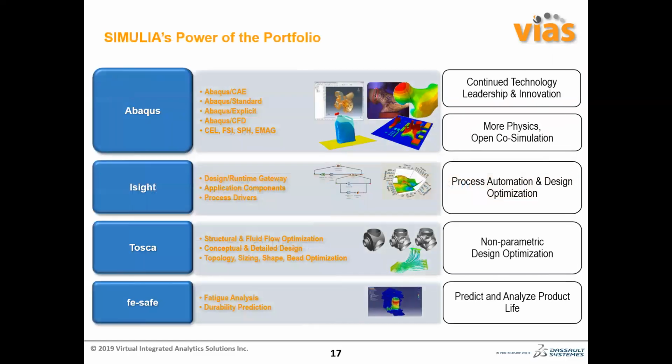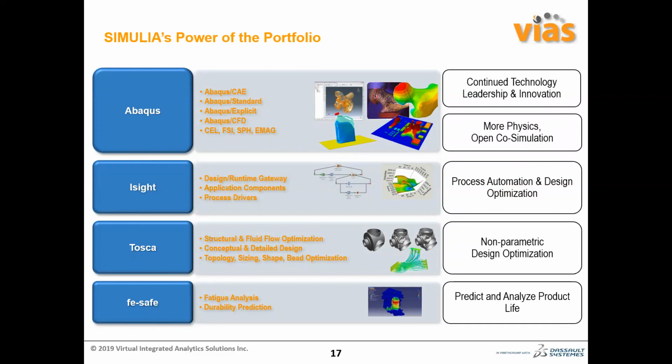So here the SIMULIA portfolio really offers a great set of tools with a single licensing system. The first set of tools is Abaqus. Abaqus started in 1978, and since then it has been the industry leader in nonlinear simulation.